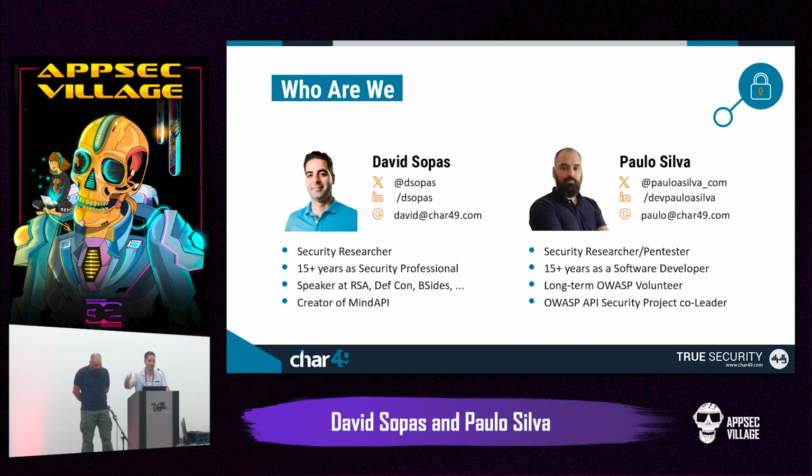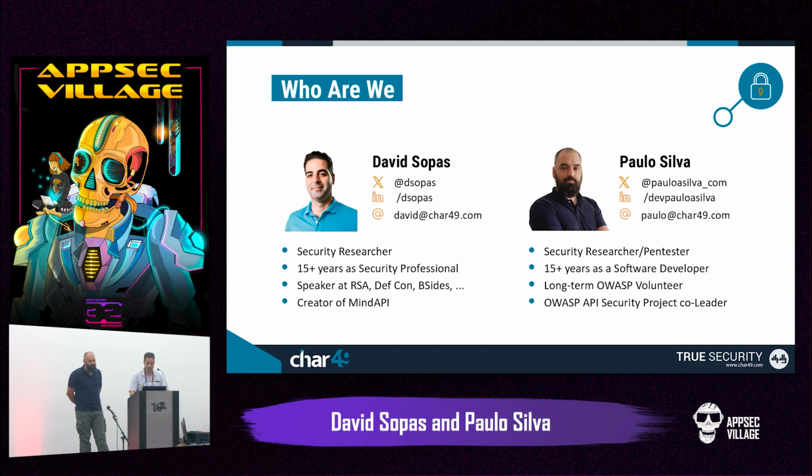This is my first time here in Vegas, because the first time I spoke at DEF CON it was in safe mode, so I was at home, not that fun, but I still did the shots with my friends. Props also to BSides Lisbon. I did some API security methodology, I don't know if you know it, Mind API. It's part of my open source work, and that's it.